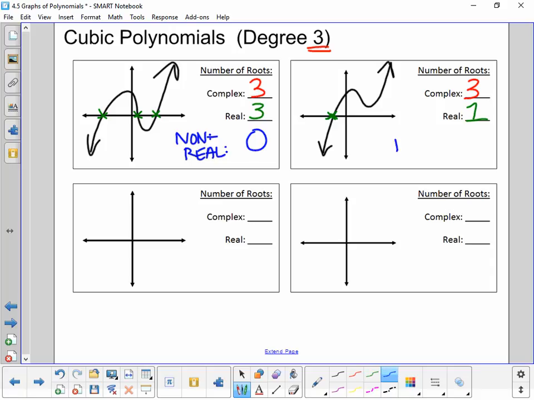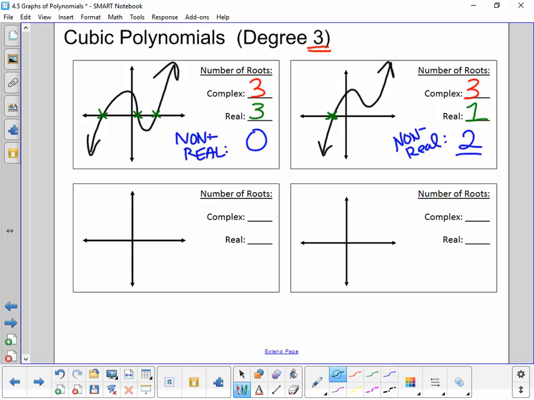And what that means is that there must be 2 roots that are non-real, that have an imaginary part. If you looked at a graph of a function like x to the third plus 8, it might look similar to this, where it has only 1 real root shown, but it does have those other 2 roots. They're just an imaginary part.